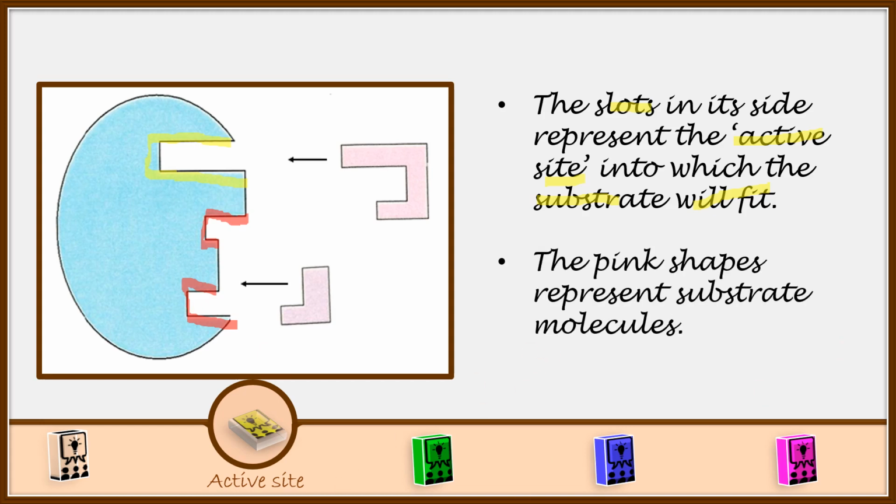The pink shape represents the substrate molecule. So our pink shape here is a substrate molecule, and this one is also a substrate molecule. They are the ones that are going to fit in the active sites.